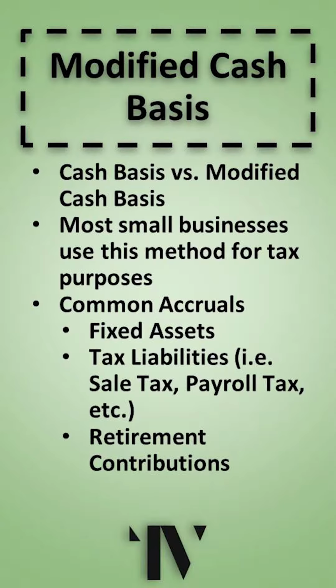Common accruals relate to things like long-term fixed assets, also called property, plant, and equipment, long-term and short-term debt, tax liabilities, especially sales tax or payroll tax, and employee benefits like retirement contributions. Businesses reporting on the modified cash basis do not include accounts receivable or accounts payable on their financial statements.